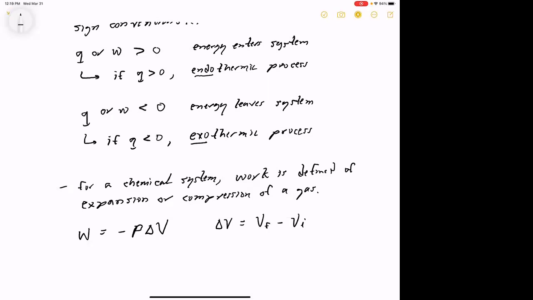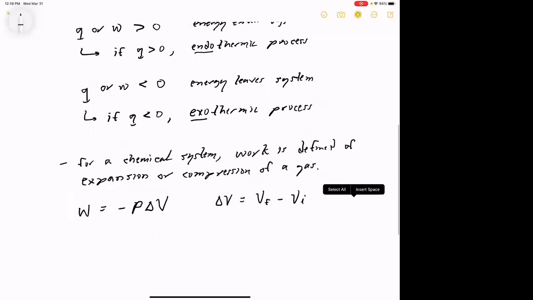All right. Now, if you look at this, what should the units of this be? Well, pressure is normally in terms of atmospheres, right? And volume is normally in terms of liters. So it turns out that what we would have here in terms of the work term is an atmosphere times a liter.